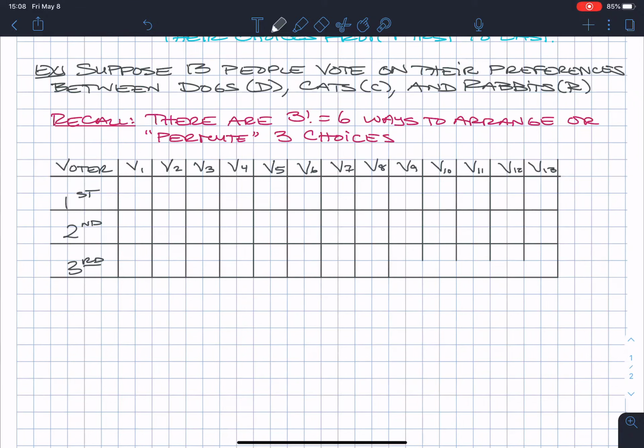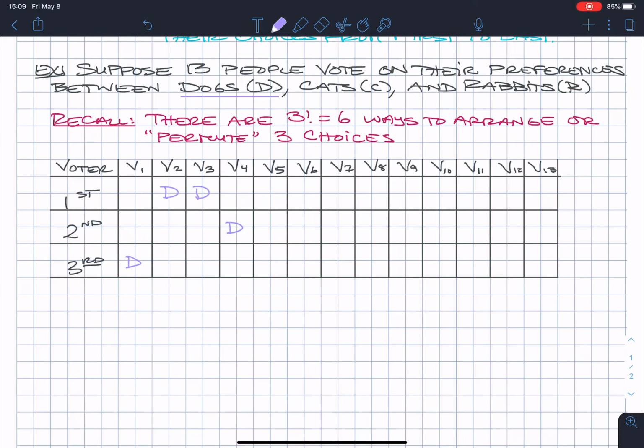First, I'm going to deal with dogs. So we'll do dogs in purple, shall we? For voter 1, dogs is last. For voter 2, dogs is first. For voter 3, dogs is first. For voter 4, dogs is second.